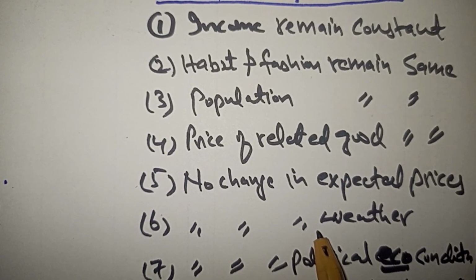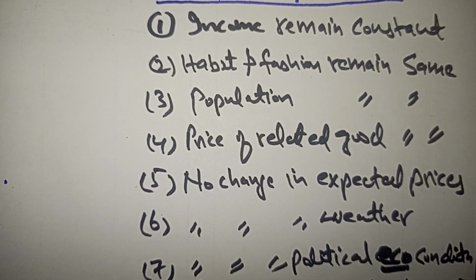A favorable weather condition for a commodity will increase quantity demanded for that product, while an unfavorable condition for a commodity will decrease quantity demanded for that product, irrespective of the price of the commodity. So, we here assume that there is no change in weather.